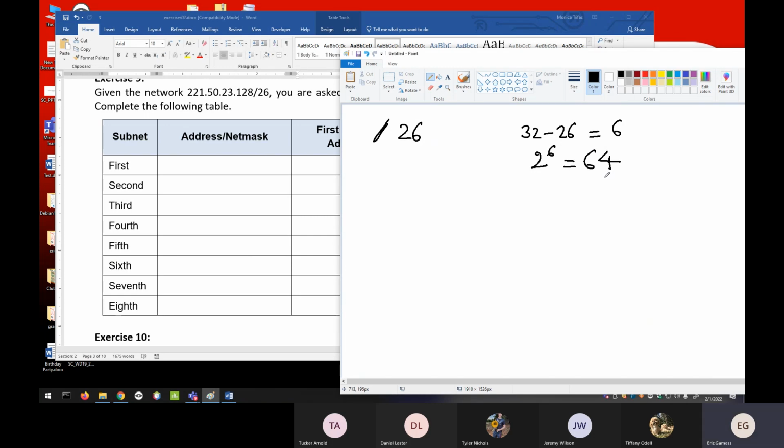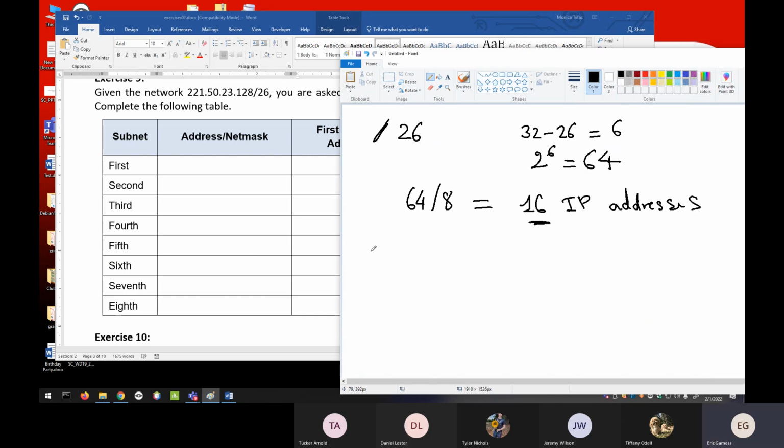If I'm going to create subnetworks, what will be the size of each? 64 divided by 8 gives me 16. So each subnetwork must have 16 IP addresses. So by seeing this 16, I know that the magic number should be 16. But let's do it.